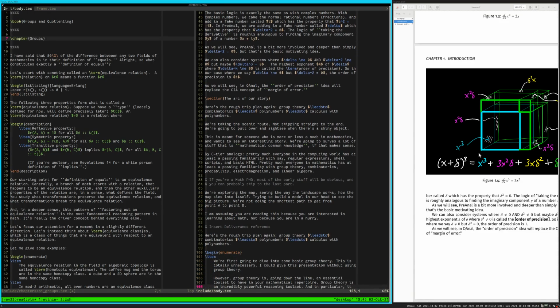We're first going to dive into some basic group theory. This is totally unnecessary. I could give this presentation without ever referencing group theory, but that would be boring.